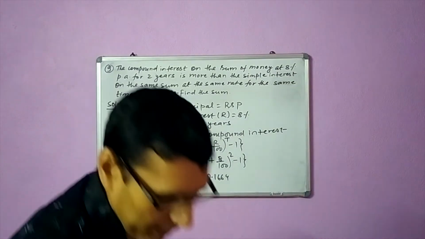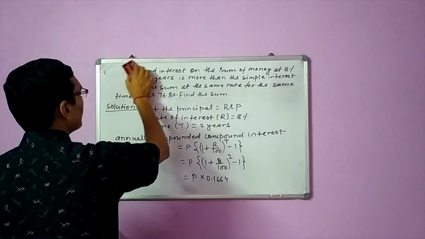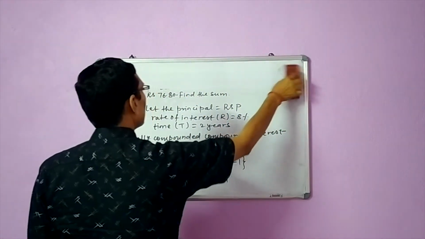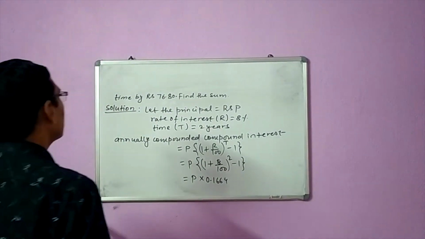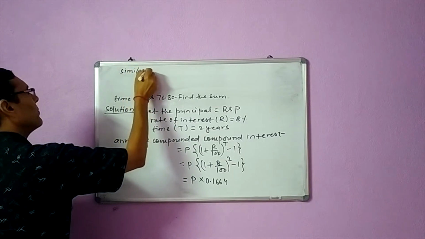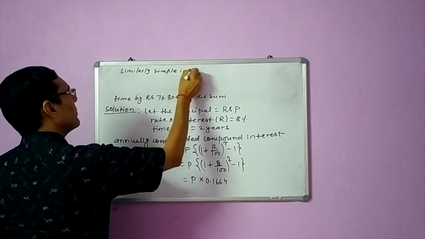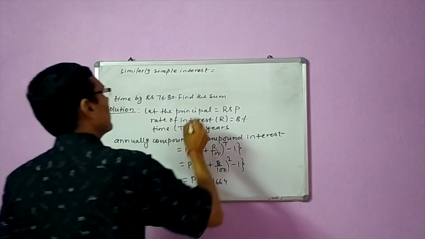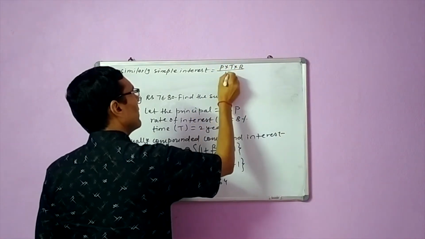Now similarly we find the simple interest as well. Simple interest is equal to, by the formula, P into T into R upon 100.